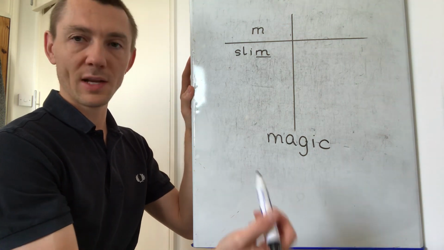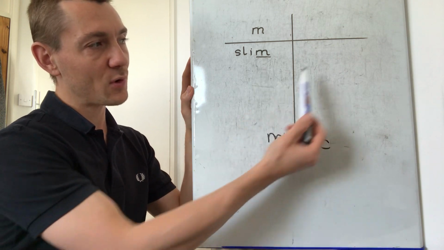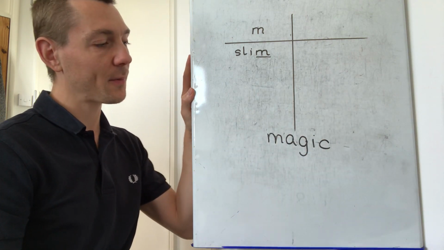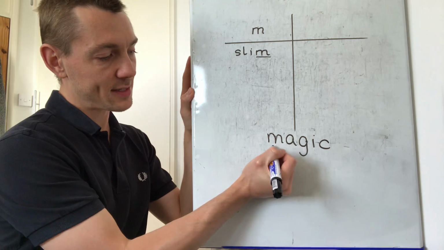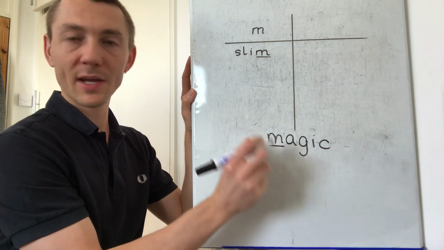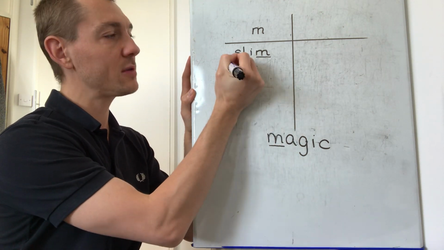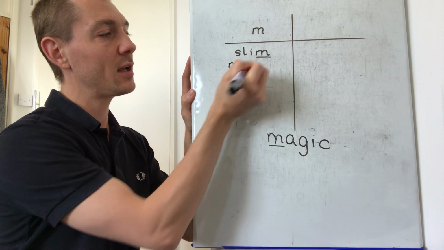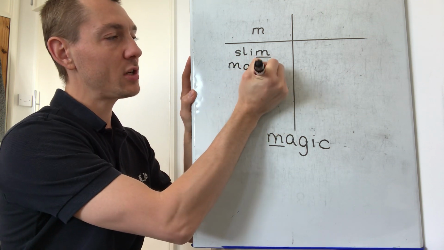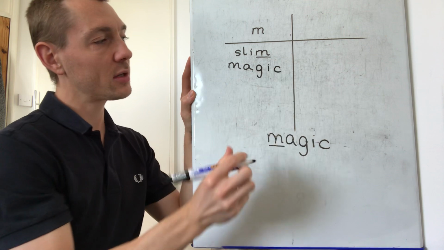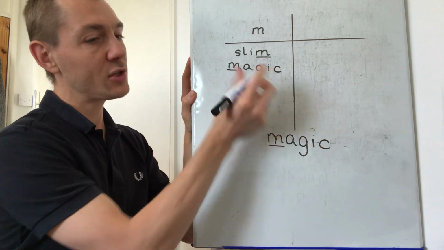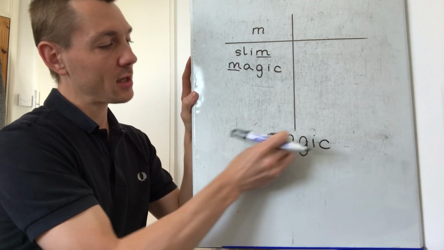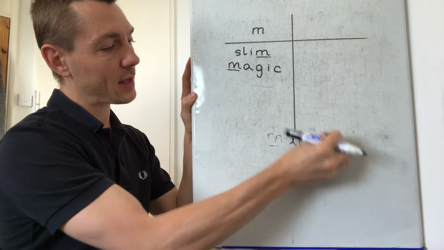Good. So I'll leave it to you. Is that the same or a different spelling? We can see it's the same. We have the letter M again. So we say, using the syllables, ma, jik, magic. And in both words, we've got the M spelling of that sound.